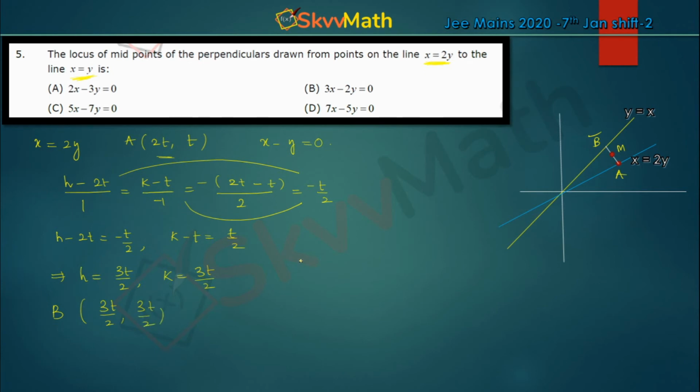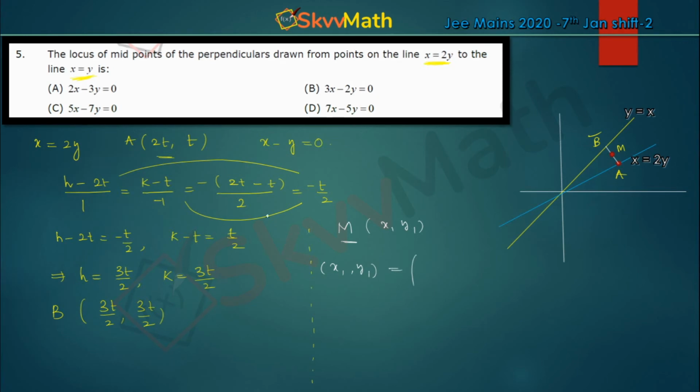Now we have to find the locus of the midpoint of AB. Let us suppose M is the midpoint, say (x1, y1), for which we need to find the locus. To find the locus of the point M, we first find the midpoint of AB, and then equate it with (x1, y1).